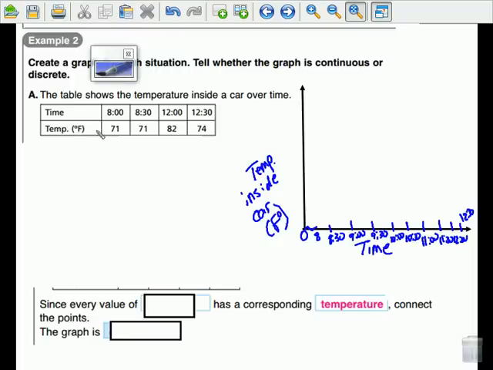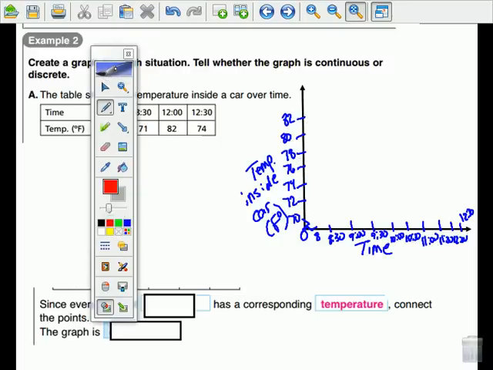So I went from 8 o'clock to 12:30 down here in equal intervals, and again I broke the scale. And for my temperature I have to go from 71 degrees to 82 degrees. So again I'm going to go ahead and break the scale, and I will just go 70 degrees, and I'm going to go by twos. So 70, 72, etc. Okay, now I'm going to go ahead and plot the points.